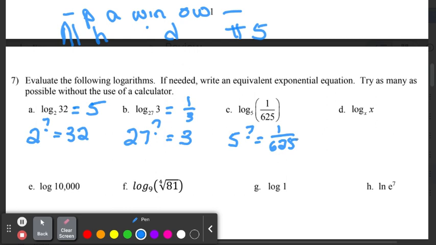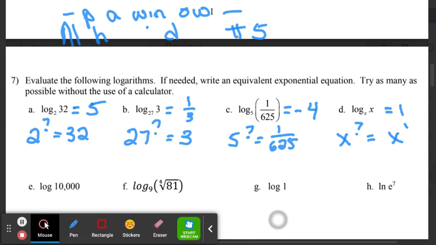So 5 to the negative 4 is 1 over 625. Remember, a negative exponent doesn't negate the number, it puts it on the other side of the fraction. Letter D, x to the what gives you x. Technically, that's an x to the 1. So that's a 1.